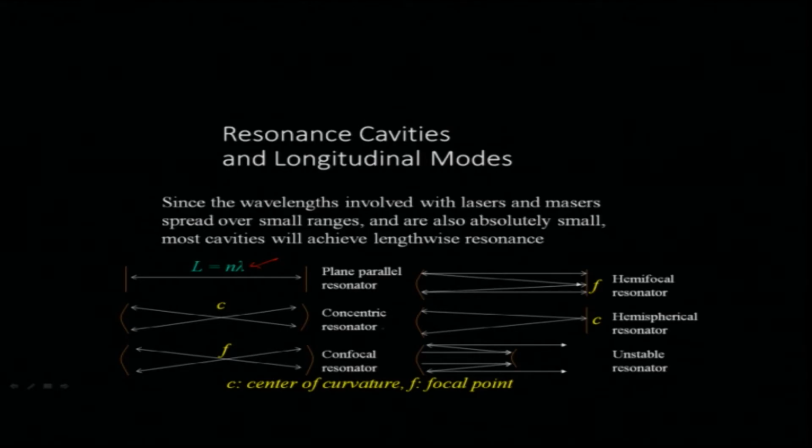Basically, whether you have a concentric resonator, a confocal resonator, a hemifocal resonator where one is a flat surface and the other is curved, a hemispherical resonator, or an unstable resonator depends on the choice of mirror combination.